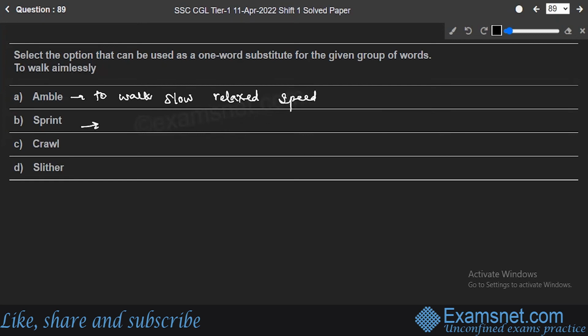Slow, relaxed speed. Sprint means to run a short distance as fast as you can. Crawl, babies are crawling. Move slowly with your body to the ground, along the ground.